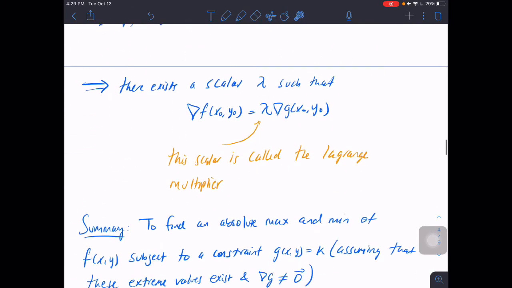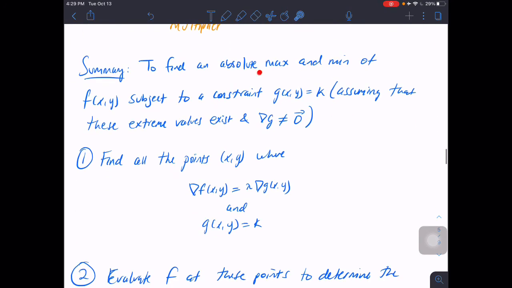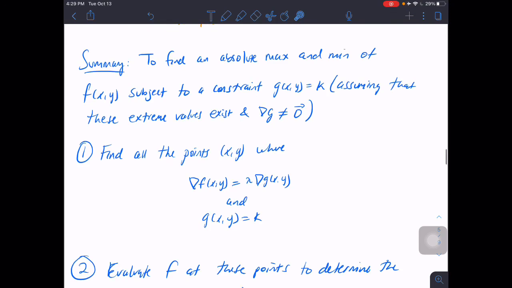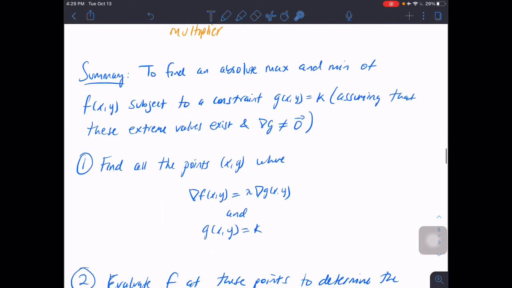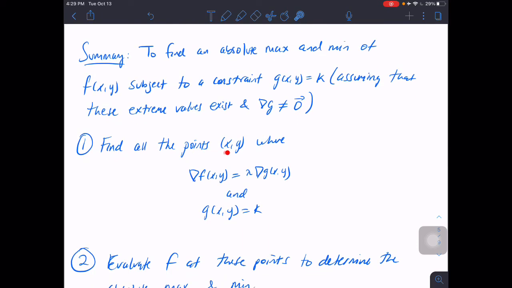So to find the absolute max and absolute min of your function subject to some constraint equation, and assuming that these extreme values exist, meaning that it does have an absolute max and an absolute min, and we don't want the gradient of g to be the zero vector, otherwise this is not going to work here. What we're going to do is find all the points x comma y that will satisfy the gradients being scalar multiples of one another, and of course those points must satisfy the constraint.